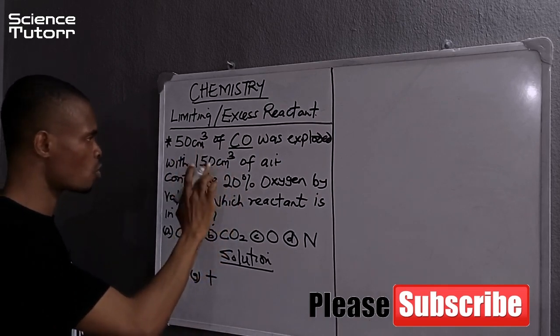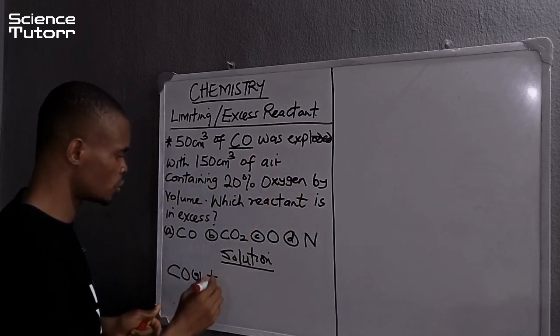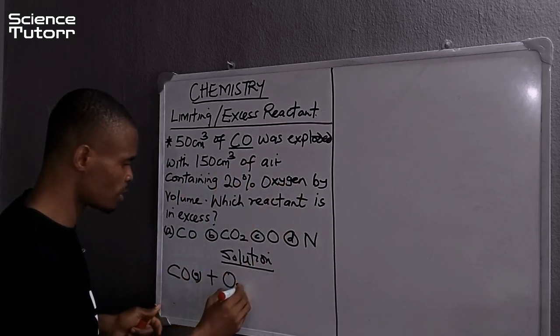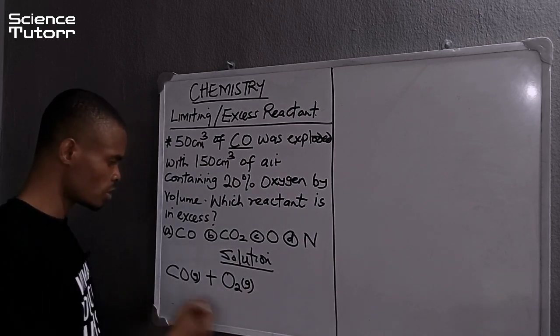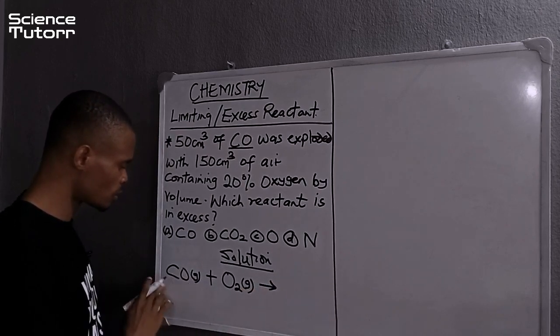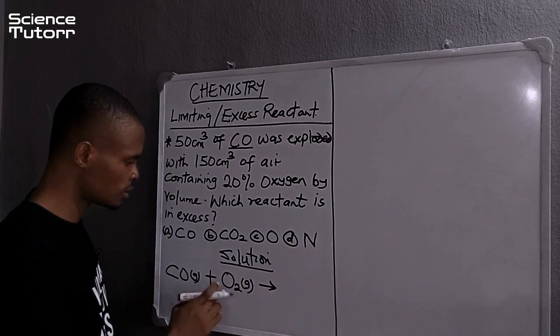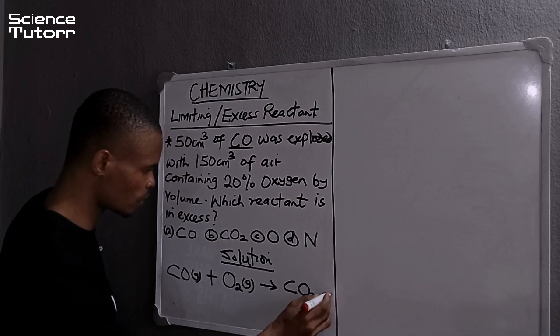We are told 150 cm³ of air containing 20% oxygen. So the reaction will be based on oxygen. Oxygen supports combustion. So the product that will be obtained when CO reacts with excess oxygen is carbon dioxide, in the gaseous phase.